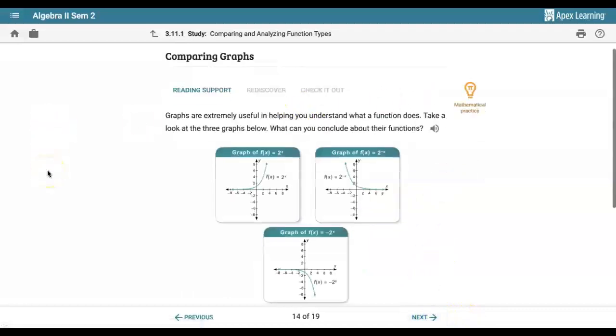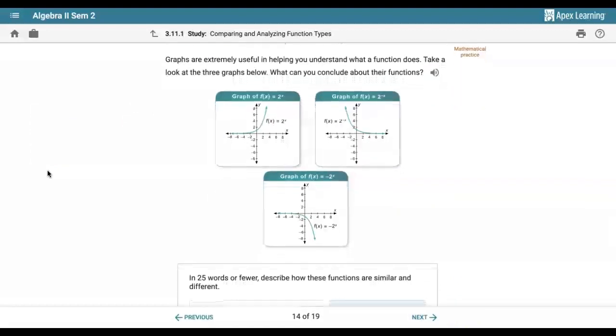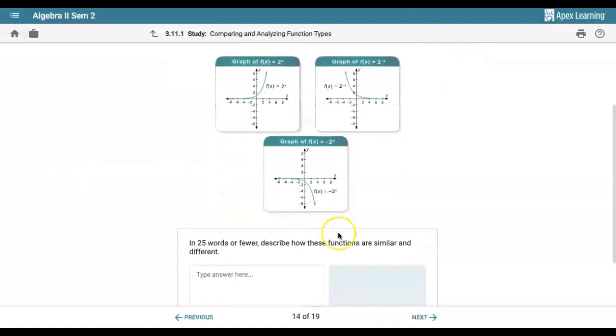Being able to compare graphs is going to be really beneficial here. If we look at these three graphs, it's asking you to describe how they're similar and how they're different. Obviously they're all base 2, raised to the power of x, but this is the parent function, this one is reflected across the y-axis, and this one is reflected across the x-axis.